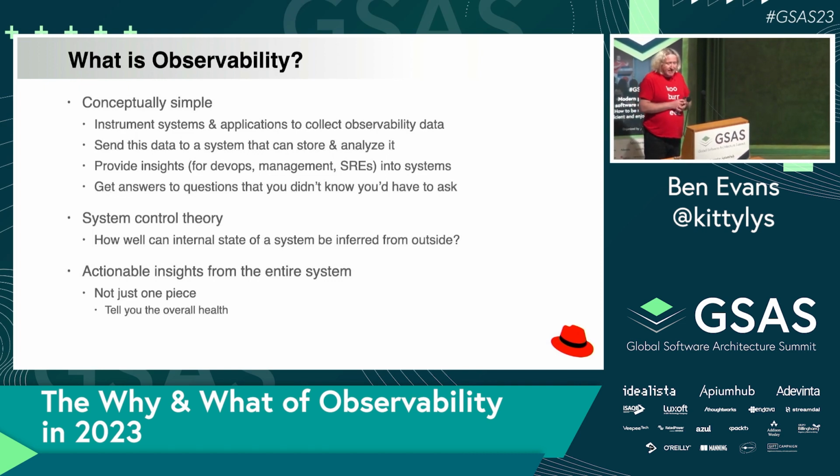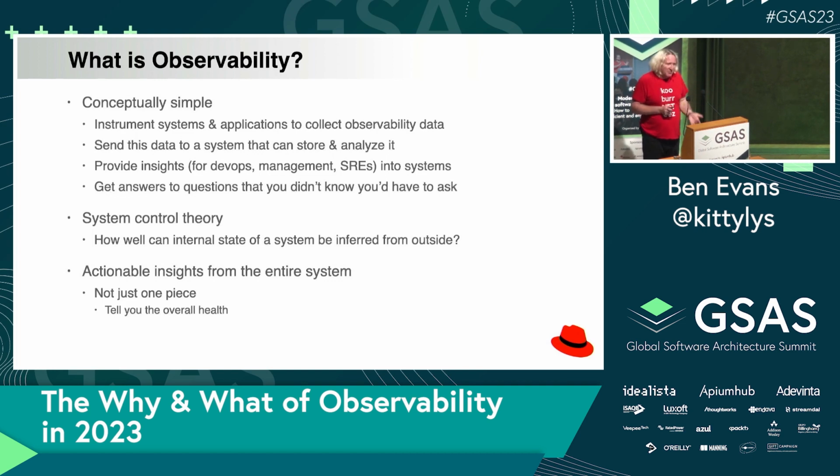Also, hiding in here is our first and quite possibly most important architectural point of all. It's the second line down: send this data to a system that can store and analyze it. Now, I always feel embarrassed when I have to tell a room full of people this, but I keep seeing systems where they haven't thought about this.